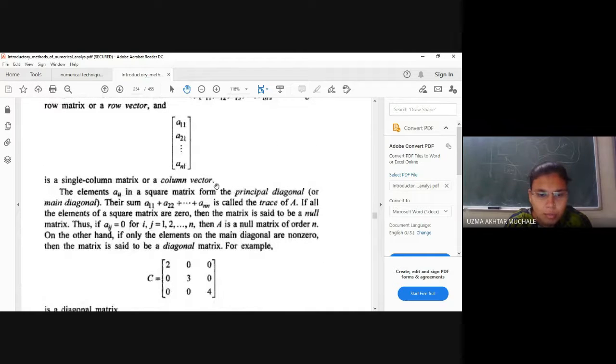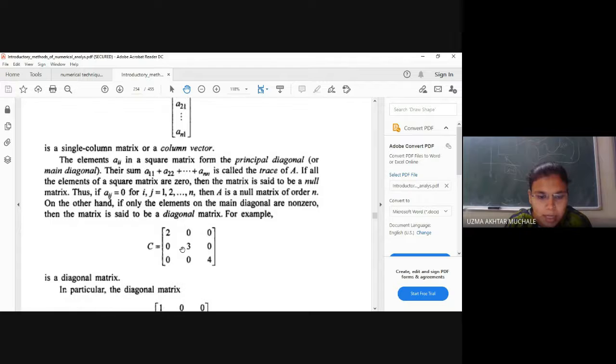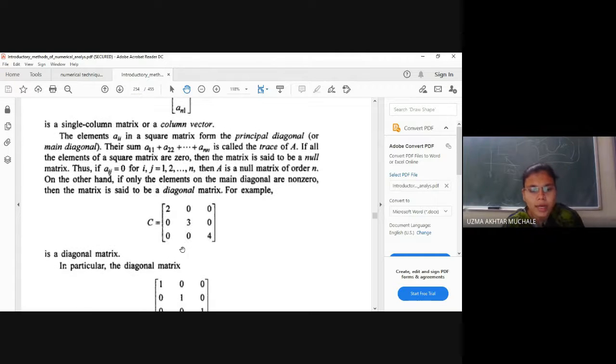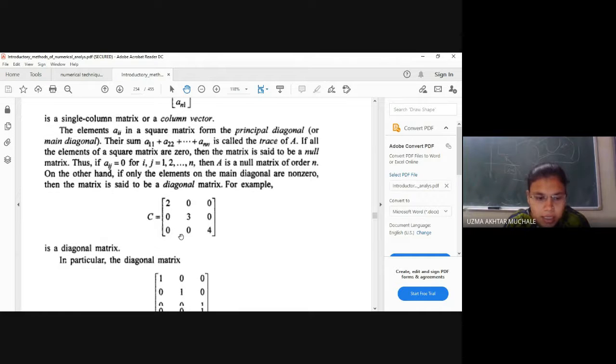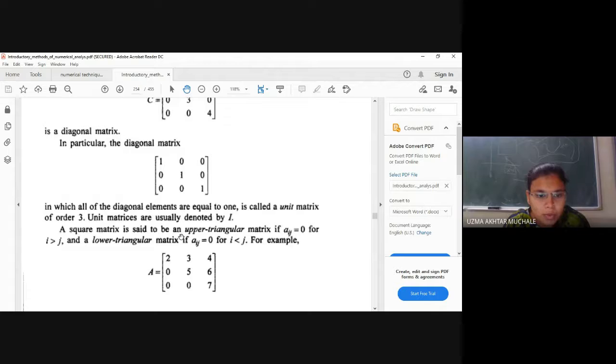This is a column matrix, in which there is only one column, that is a11, a21, and so on. And what is a diagonal matrix? A diagonal matrix contains only diagonal elements, but all other non-diagonal elements are zero. In particular, we know that this type of matrix is a unit matrix.